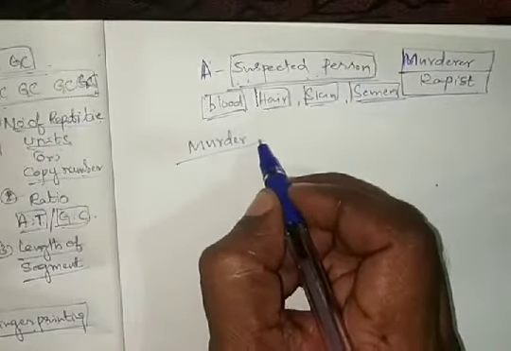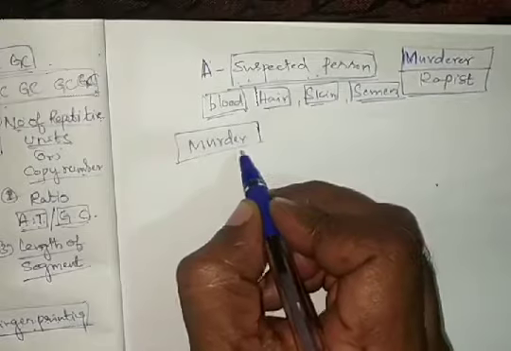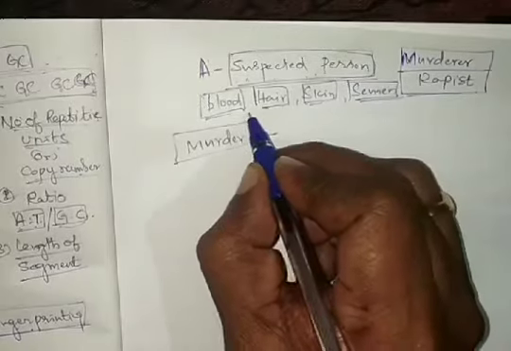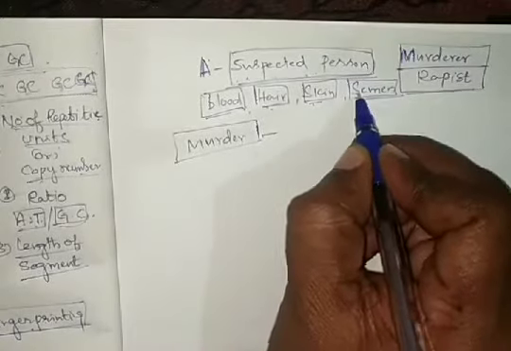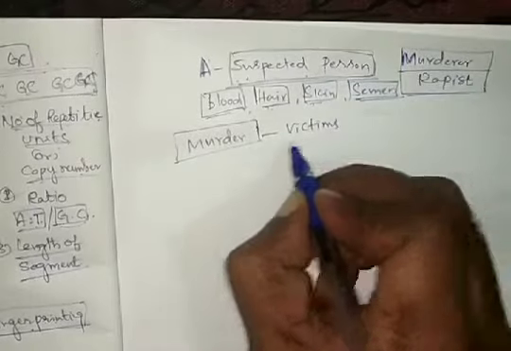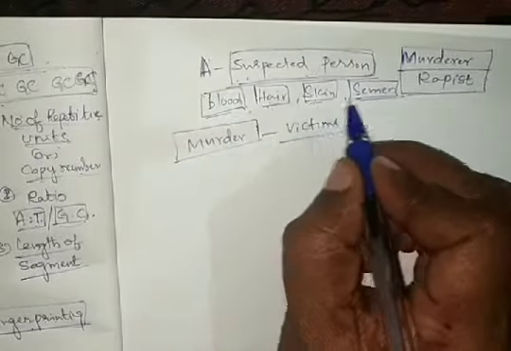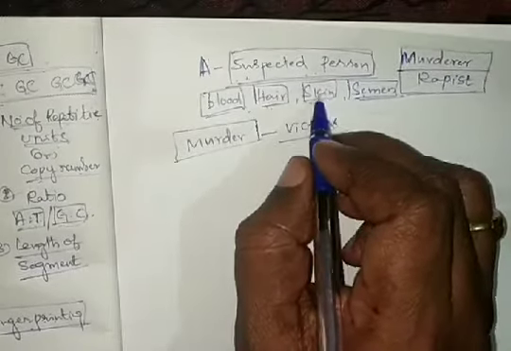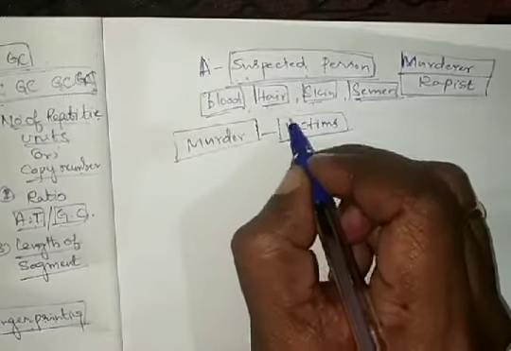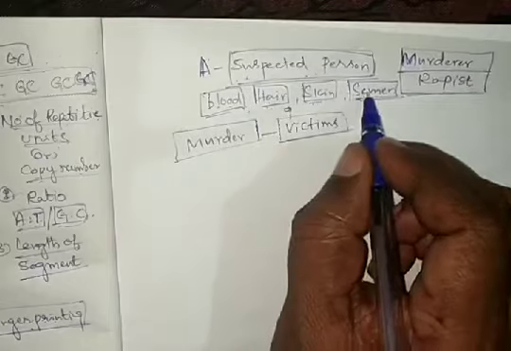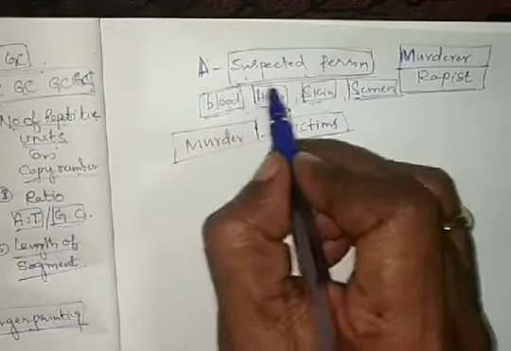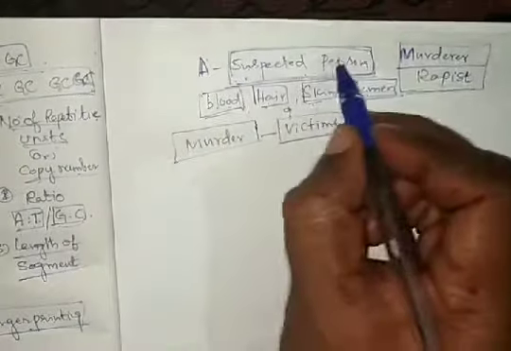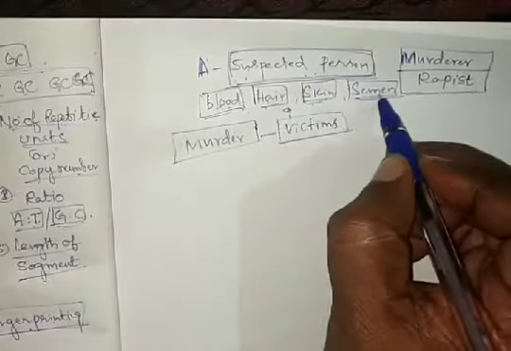From that place we collect the blood, hair, skin or semen of the victim, whatever material from the body is available. If we suspect a particular person of committing the murder, then that suspected person's blood, hair, skin or semen is also collected.